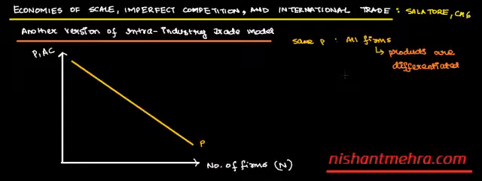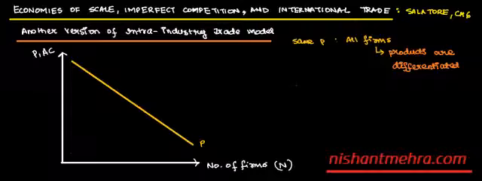Now, the relationship between the price of the product and the number of firms is negatively sloped. That means the larger the number of firms in the industry, the lower the product price. So if you have more firms, the price is low, particularly because competition is greater or more intense with more firms in the industry.